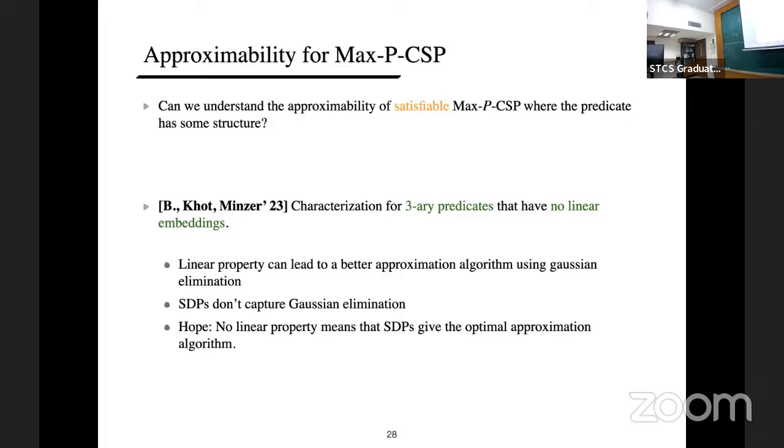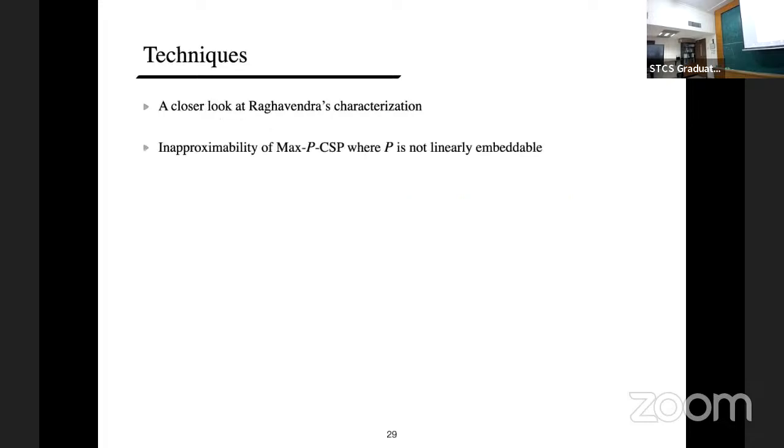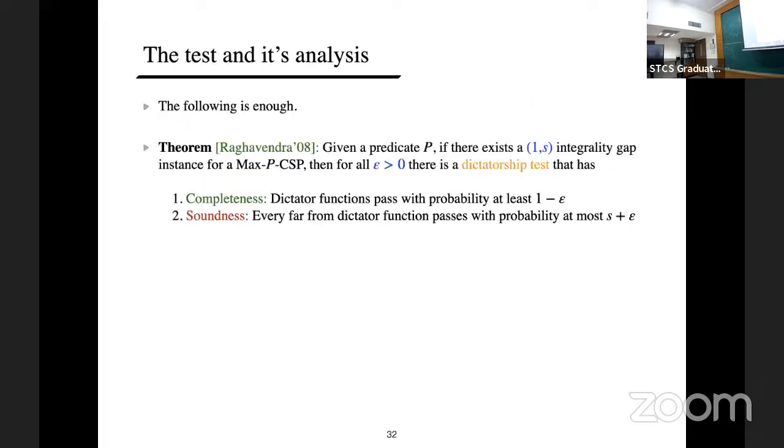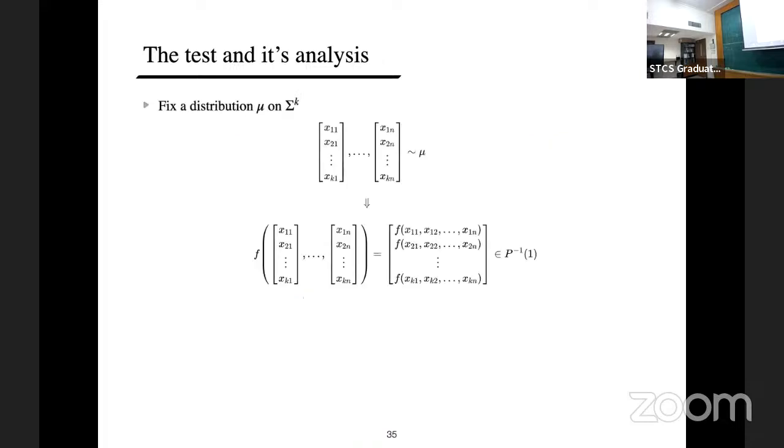Again, that's intuition. Our calculation is that whatever LGD gives you is the best that you can do on satisfiable instances, assuming some conjecture. So the characterization is essentially the same as SDP, which finds the best integrality gap. Yes. I won't go into techniques, just flash maybe the result.